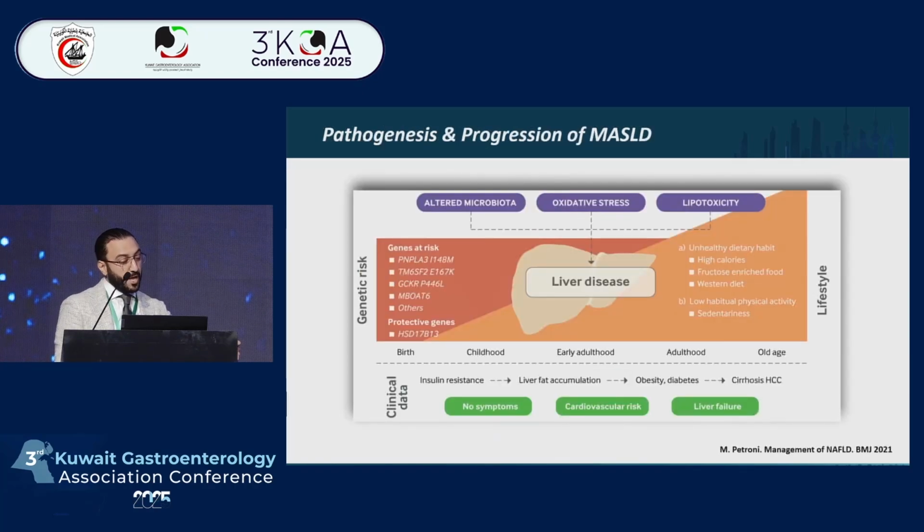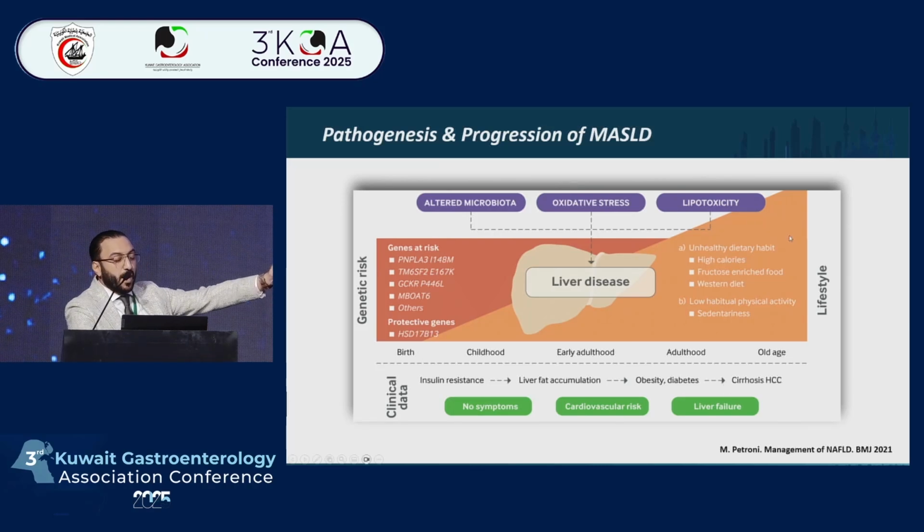The pathogenesis is very complex, and this picture beautifully demonstrates that complexity. We know now there are multiple genes involved in MASH and MASLD in terms of etiology. The well-identified gene is PNPLA3.